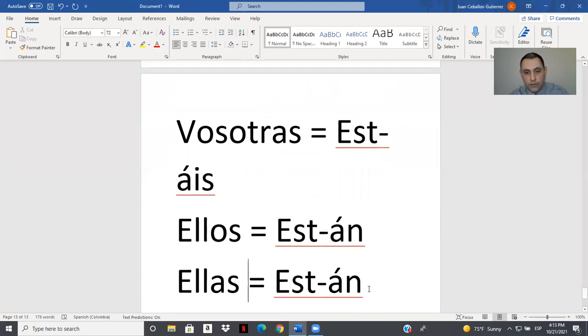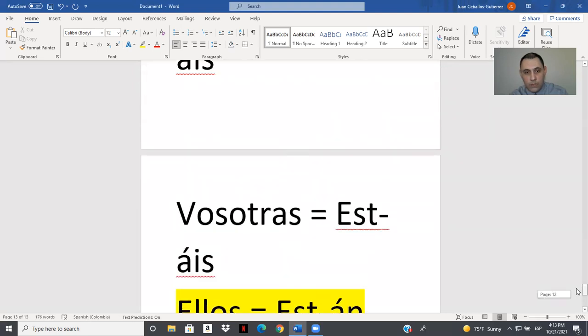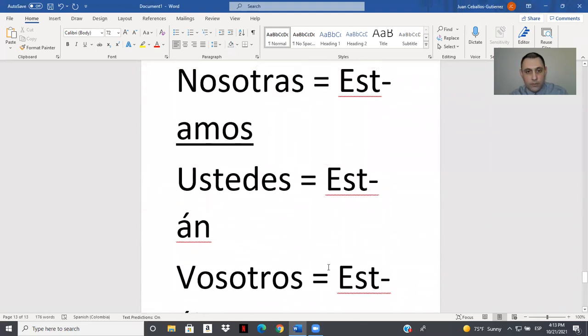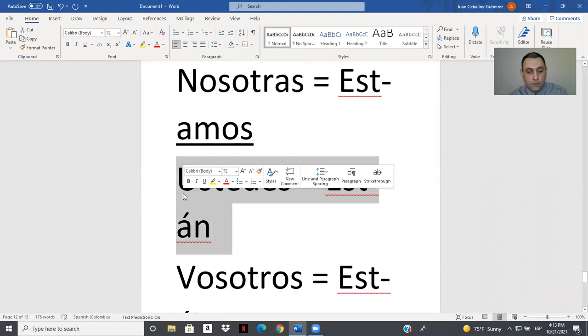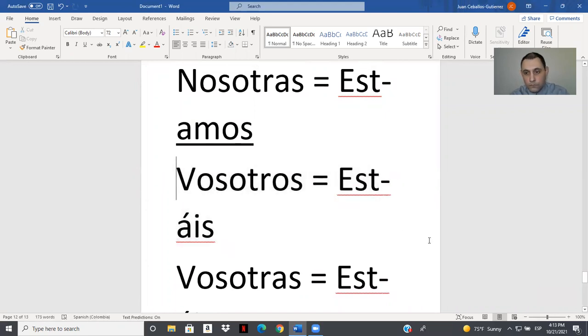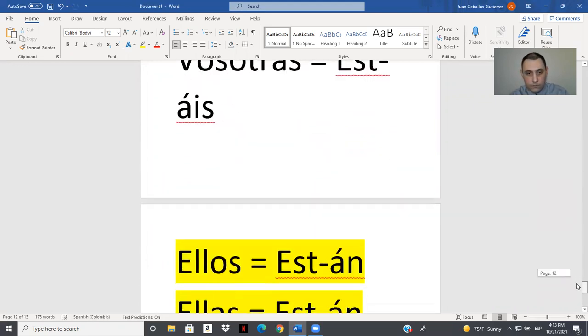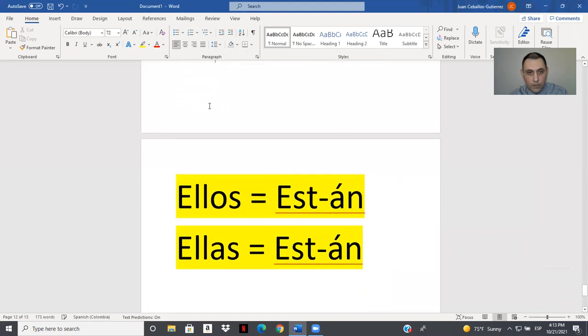So notice here that we have the same problem as we had with the singular forms. I'm going to move this one so you can see. And put it here.